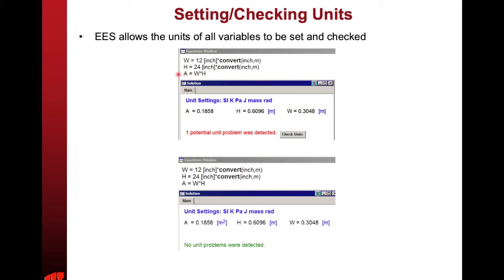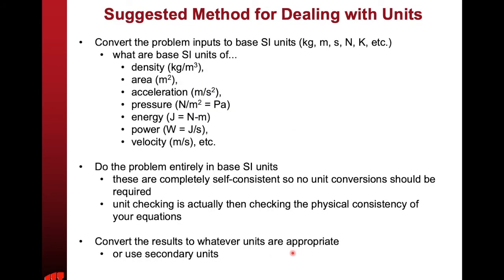The equations have to be self-consistent, the same units on both sides. So you click the button, it says, hey, we detected a problem. And so you have to say, oh, that's right, area should be meters squared. So then you add the correct units to that. And then it says, hey, no problem, you're all good. So this is our strongly suggested way to deal with units.